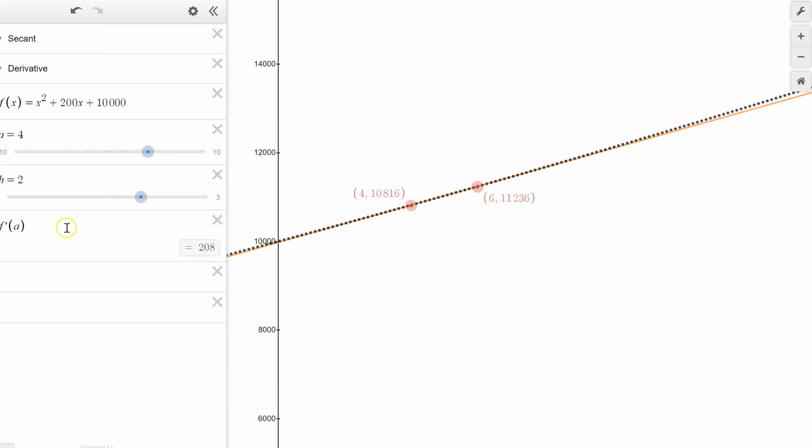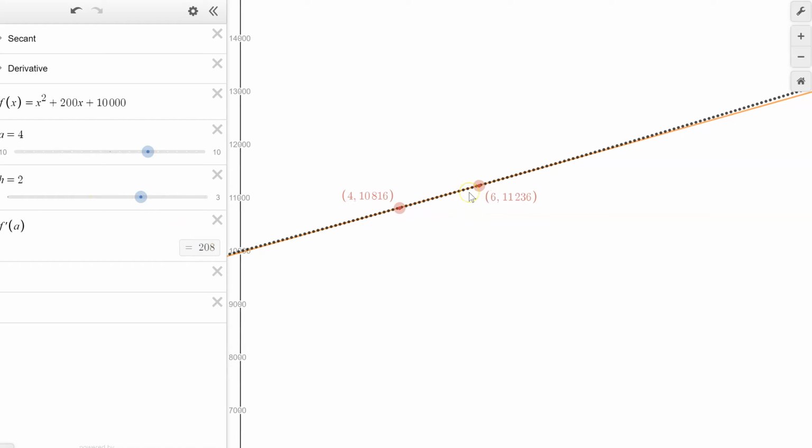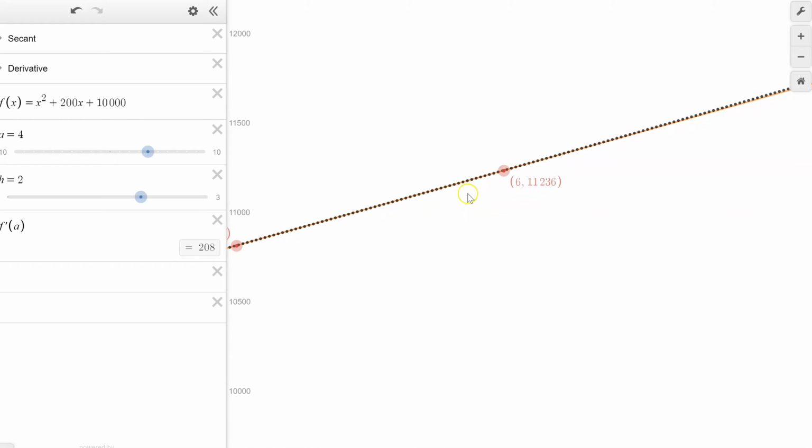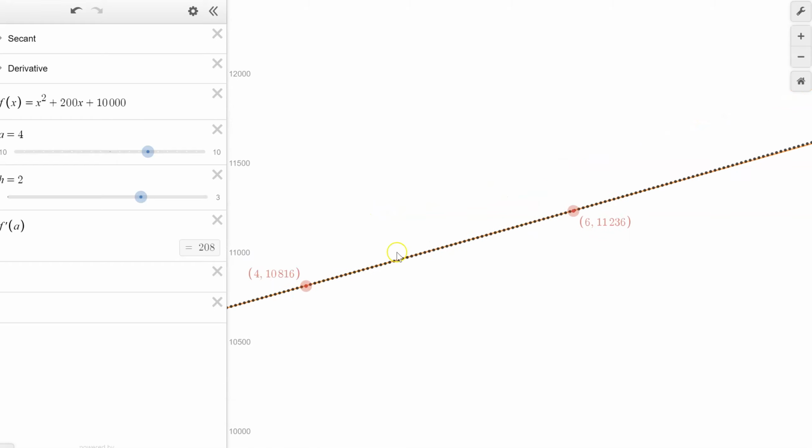So you can see our derivative is 208, and so that is the slope of our tangent. So at this point right here, our tangent line is saying it is 208, and the average rate of change was actually 210. So if you zoom in, you can see it's extremely close on there. It's only off by 2 people. That's it. It's because we're doing short distances.